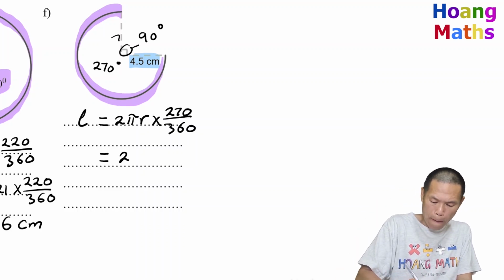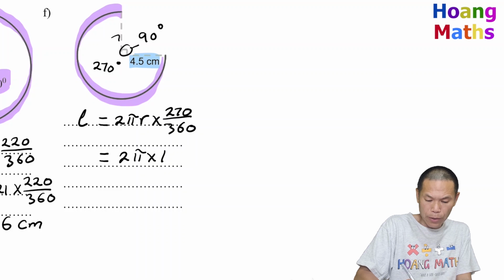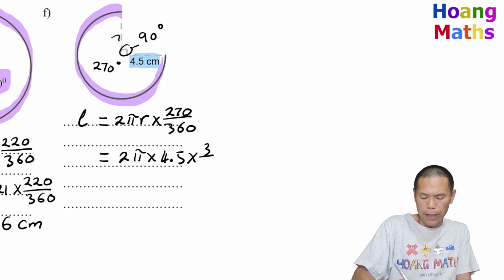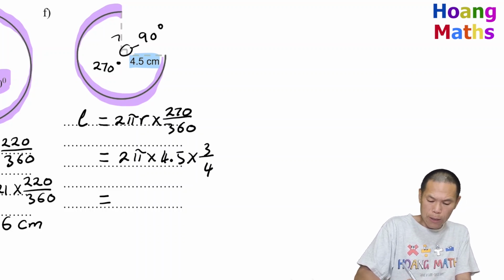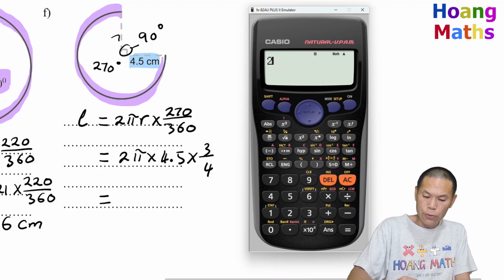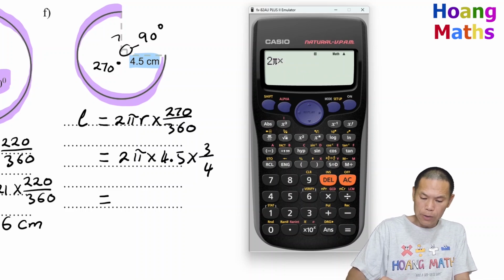So 2 pi times 4.5 times 3/4, or you can just write 270 over 360. Doesn't really matter. So just go 2 pi times 4.5 times 3/4.